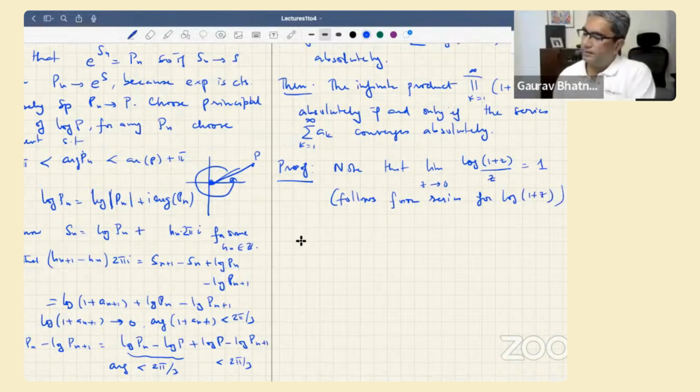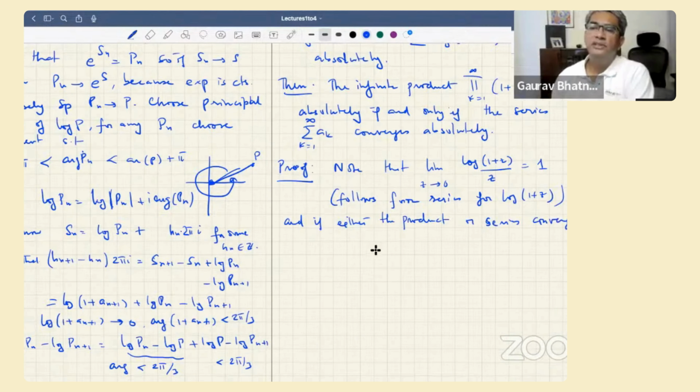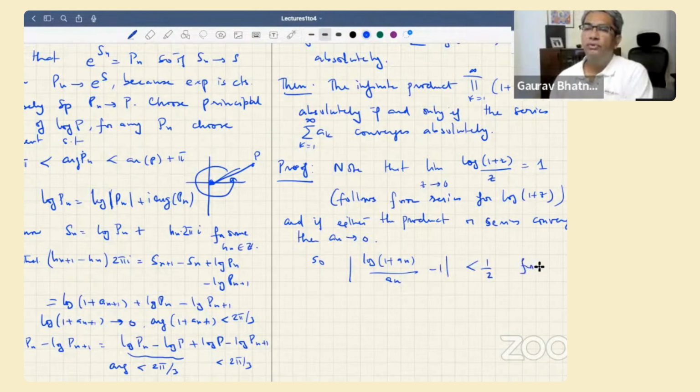And if either the product or series converges, then an goes to 0, since z is going to 0. So this was true. Now we apply it here. For n large enough, we have log 1 plus an over an, minus 1, is less than, let's say, half, for n large.